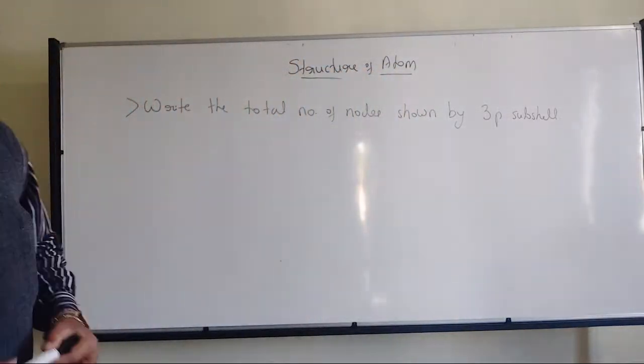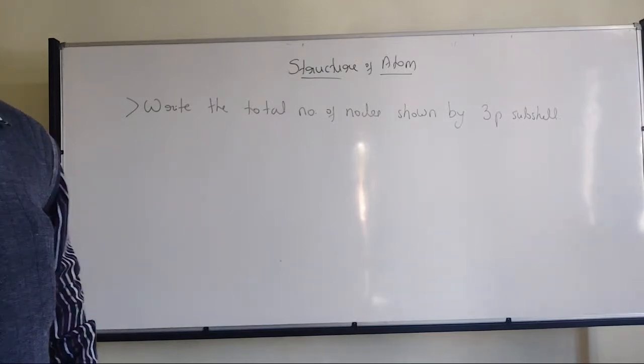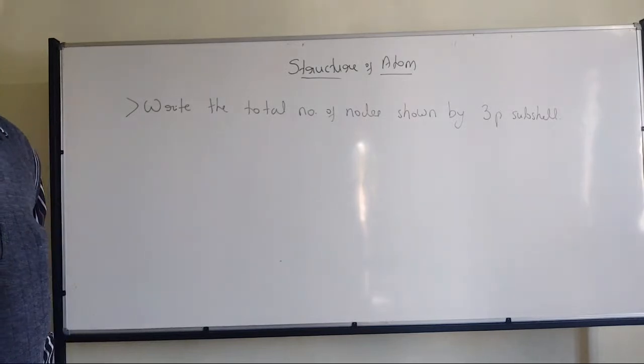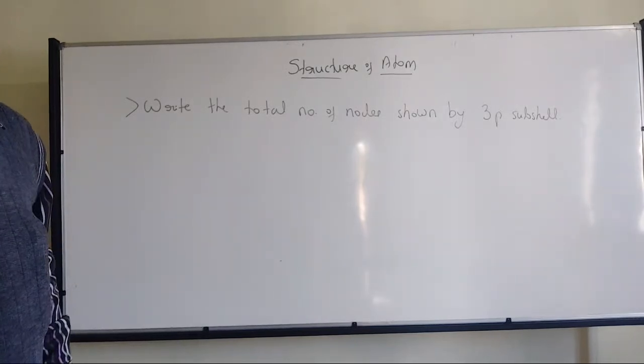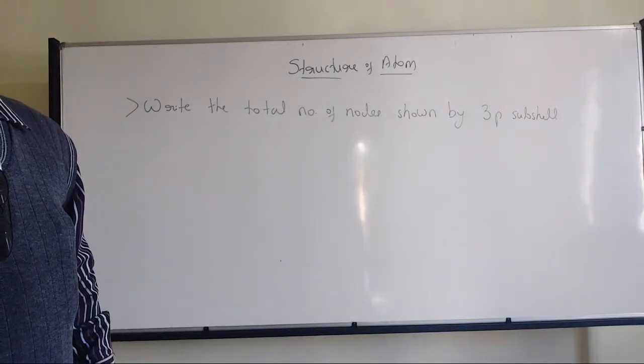Can anyone write the total number of nodes shown by the 3p subshell? Anyone? Can you write it down? Total number of nodes shown by the 3p subshell.